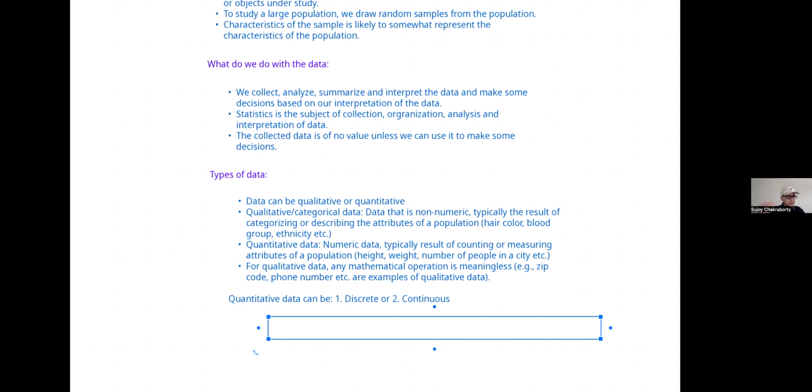And then, of course, we have continuous data. Continuous data means data that can take any value within a predefined interval. For example, temperature.